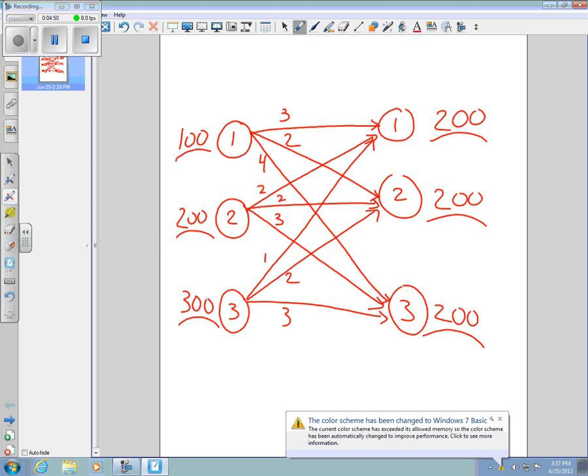So we're going to let x_ij represent, or I'll just write an equal sign here, equal the number of units shipped from node i to node j.